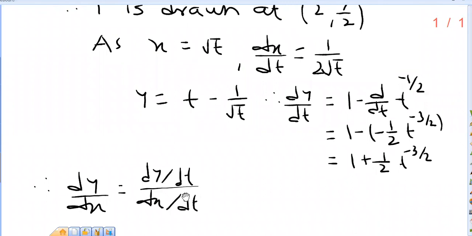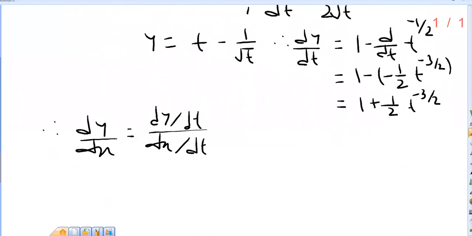So substitute 1 plus half t raised to minus 3 by 2, upon what?